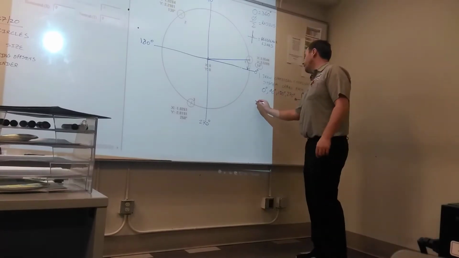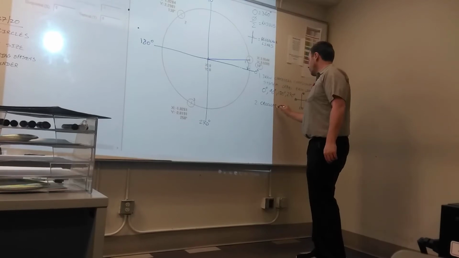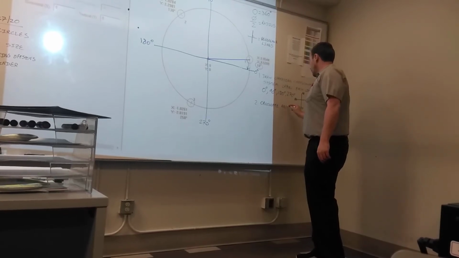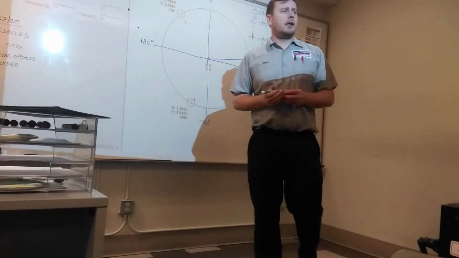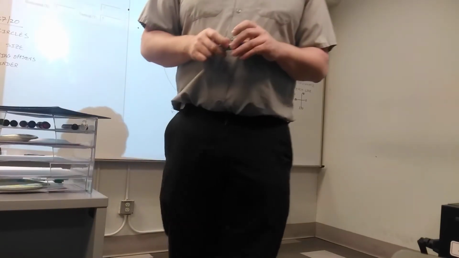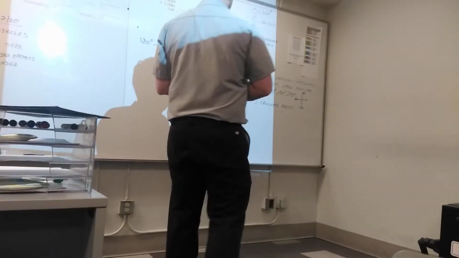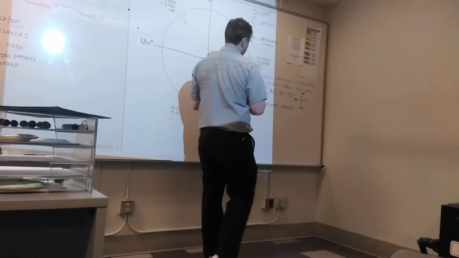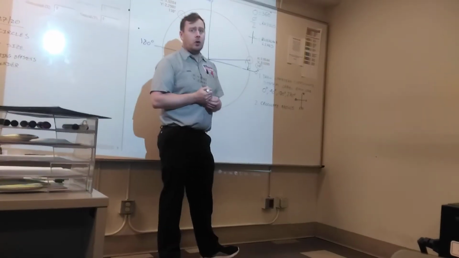Step 2. Start to calculate your angles. So what do we know about the angles on this particular part? They're 90 degrees apart. Sure? Well, how many holes do we have? 3.